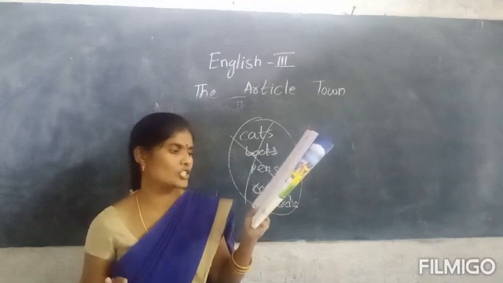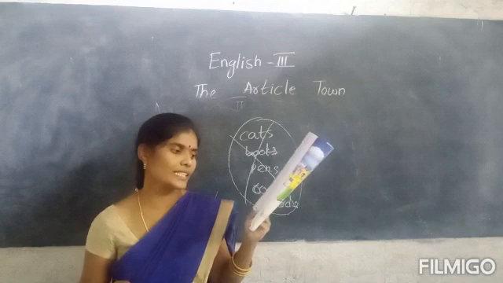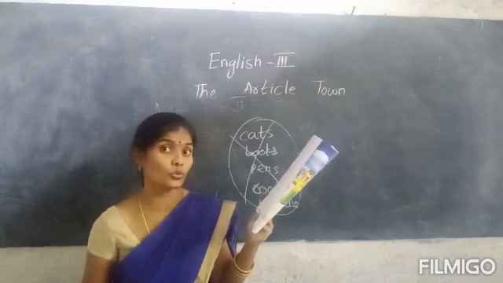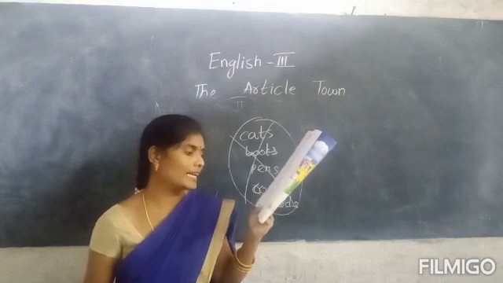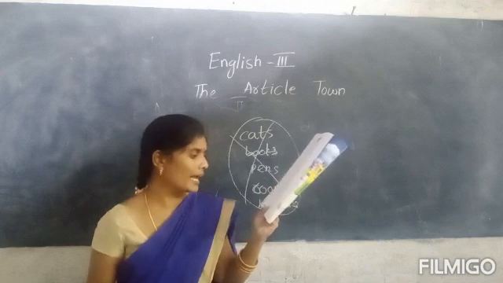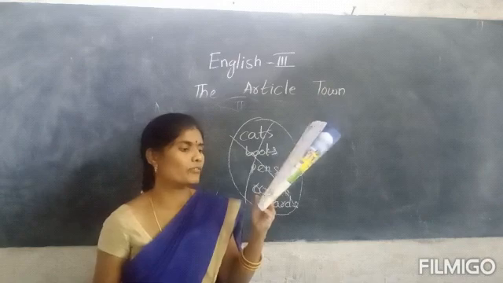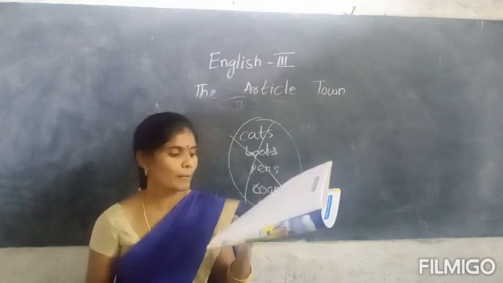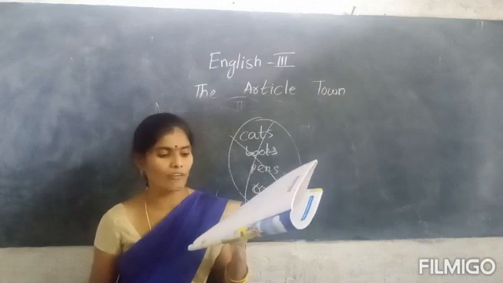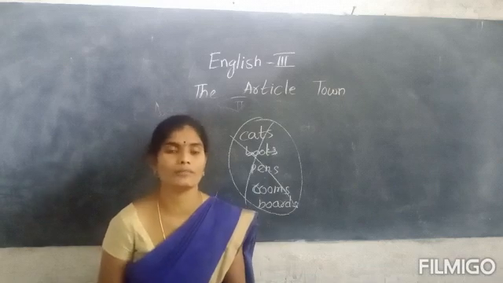The is just one word, but it is said in two ways. And here is the clue: say it as thee when it comes before a vowel sound, but as thuh when it comes before a consonant sound.